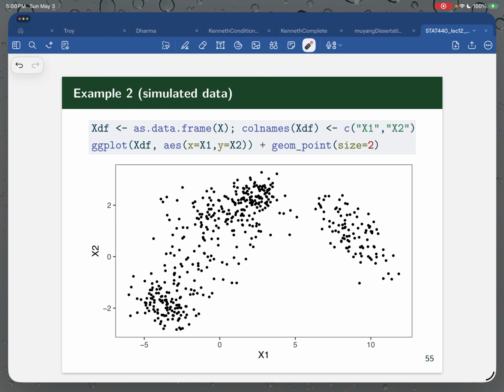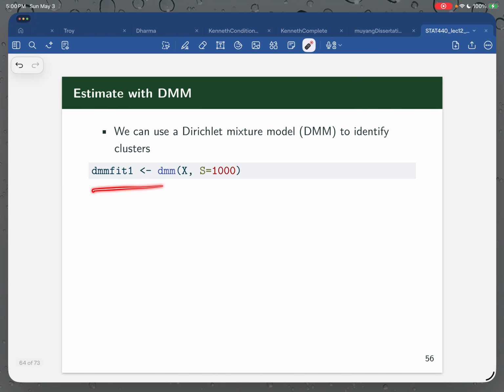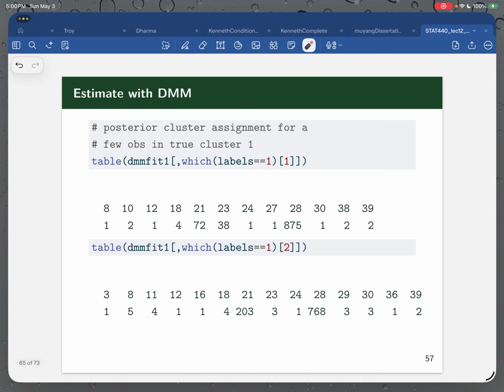We know that they arose from 5 different colors, but that's sort of artificial. If you're actually doing a clustering problem, the data you start with looks like this. It's unlabeled.